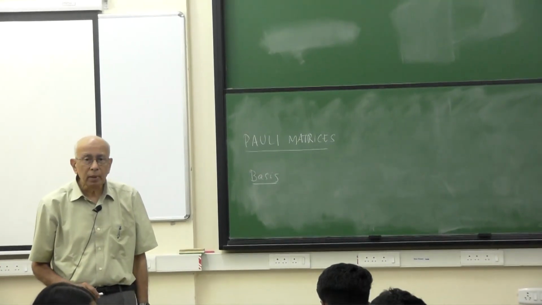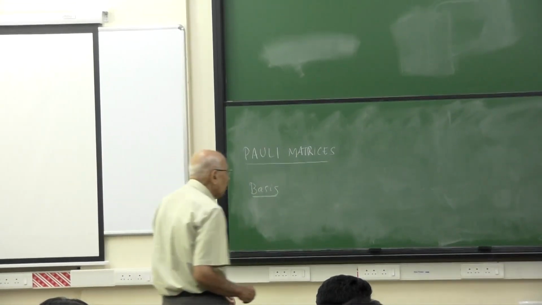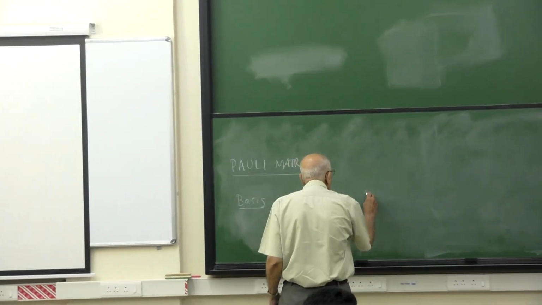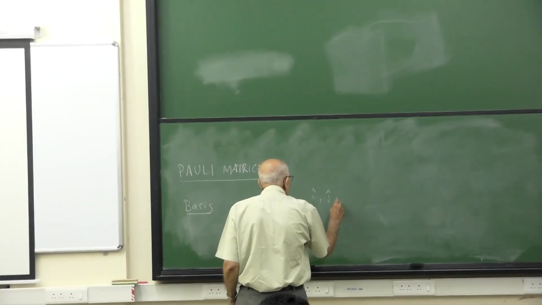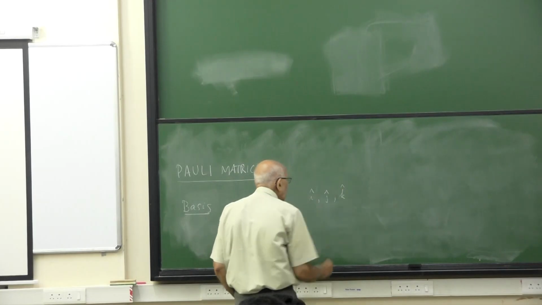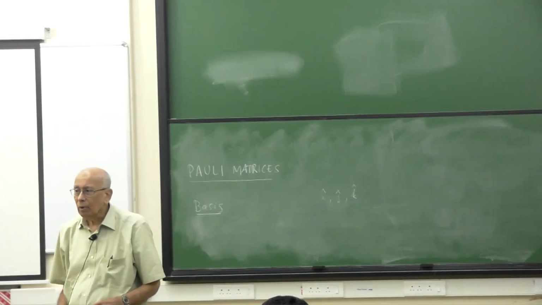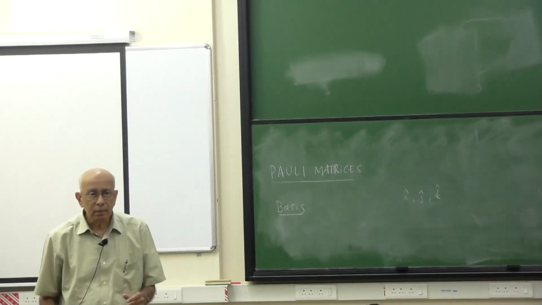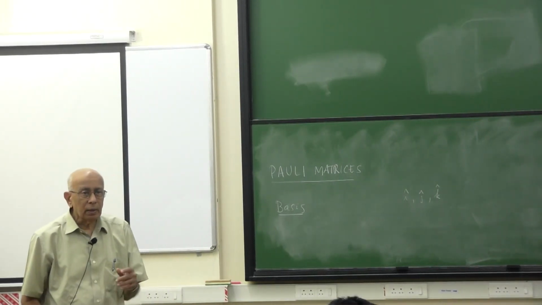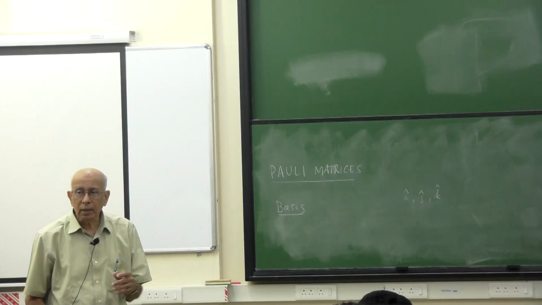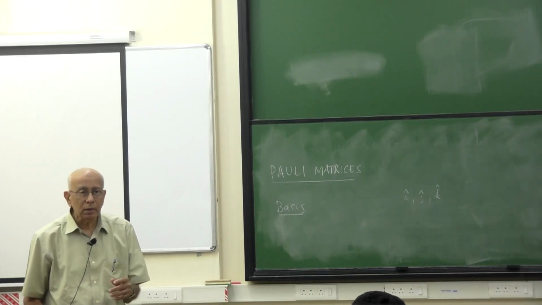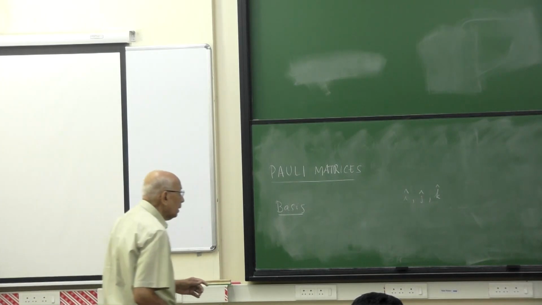Most common example, the vectors i, j, k in 3-dimensional space. These are unit vectors in 3 dimensions in Cartesian coordinates, and they form a basis in this space. In 3 dimensions, you need a basis set containing 3 independent vectors or elements, and they are these 3 guys here.